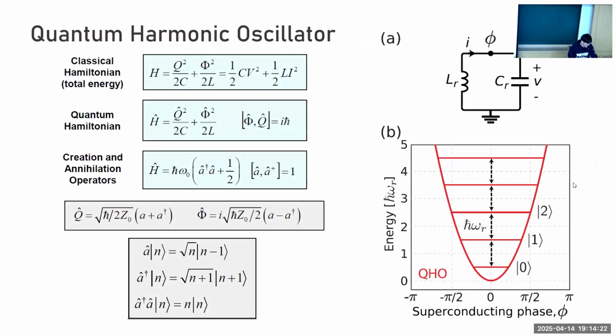This is the quantum harmonic oscillator review. And also we can quantize some fluxes in these properties. So we can construct a Q operator and a phi operator, and also we can make a creation or annihilation operator in this kind of quantum harmonic oscillator.